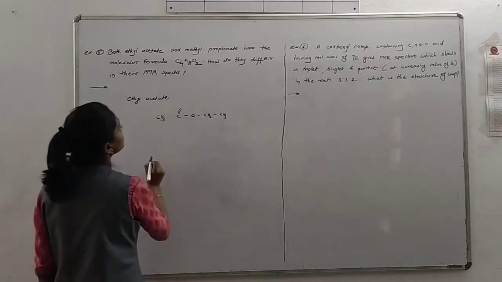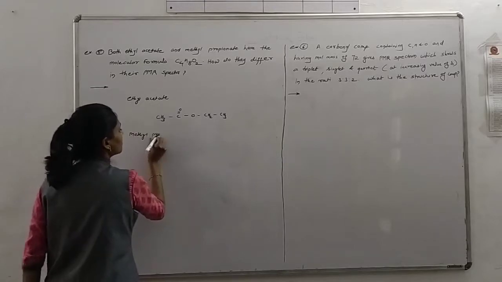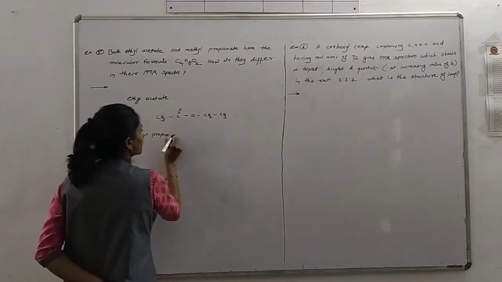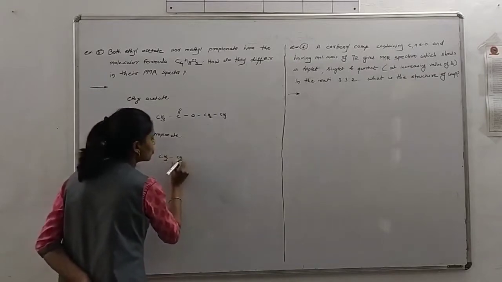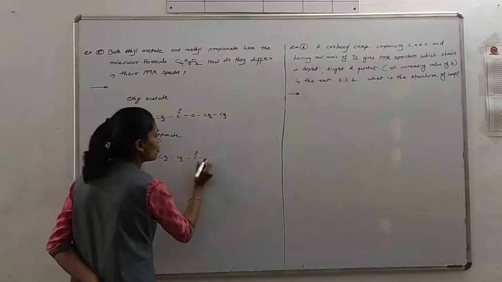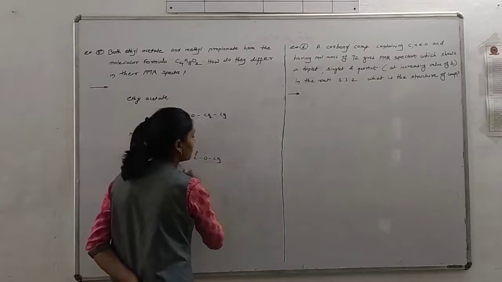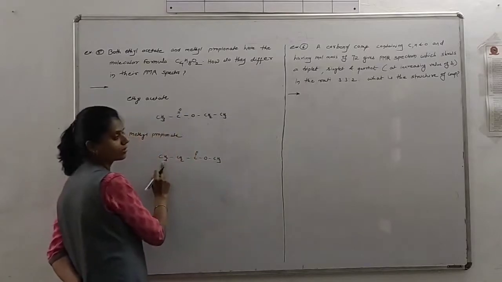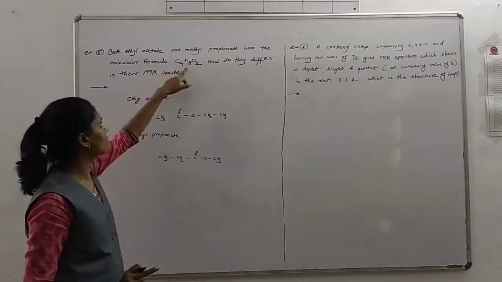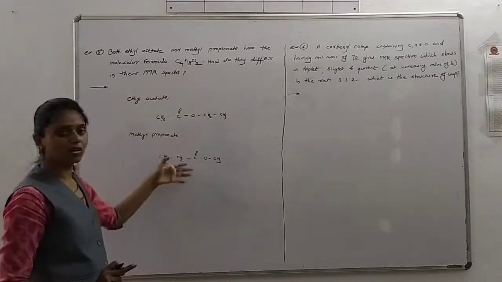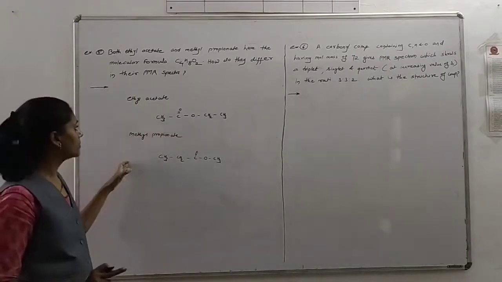Next one is methyl propionate: CH3, CH2, C double bond O, O, and here the methyl group. This is propionate, and this is methyl propionate. So how do they differ? The molecular formula C4H8O2 is the same. Only the structure is different.